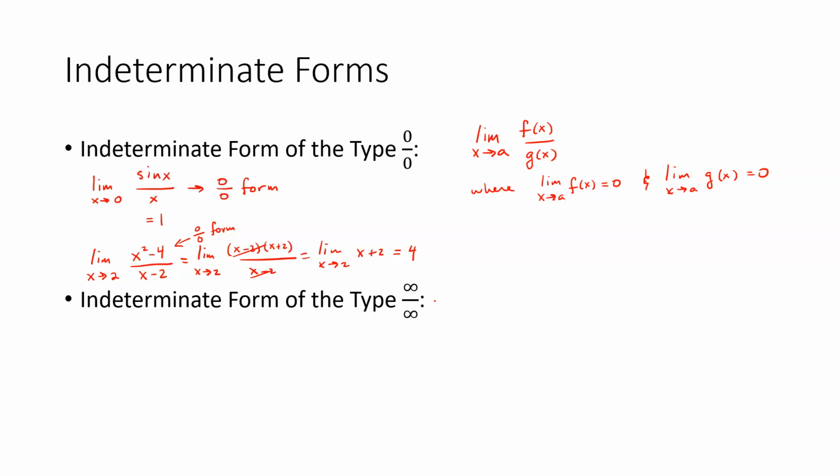An indeterminate form of the type infinity over infinity is a limit of the form f of x over g of x, where both f and g go to some form of infinity.